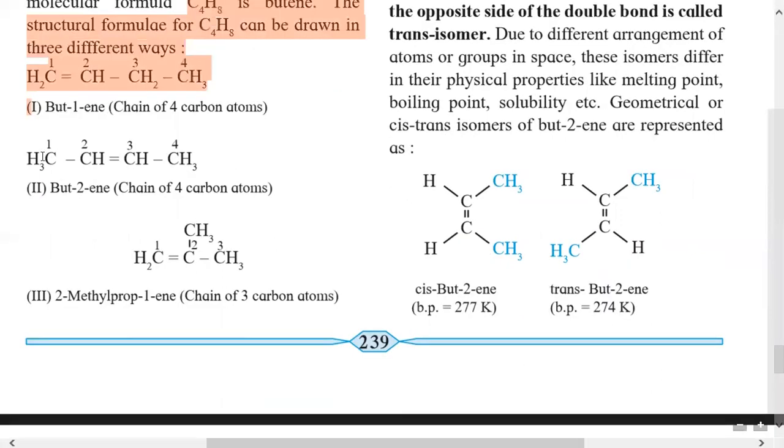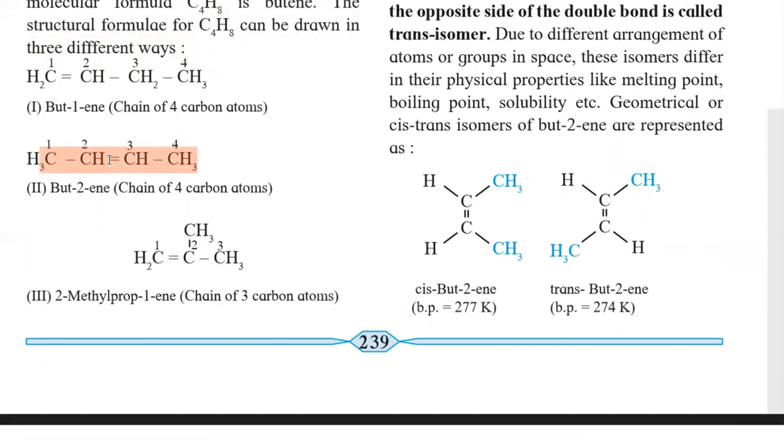Similarly, this is a 4 carbon containing alkene, a butene. Here the position of the double bond is between carbon 2 and 3, and therefore the name is given as but-2-ene. One more isomer of this 4 carbon containing alkene is isobutene. Here one branch of carbon is present and the carbon-carbon double bond is between carbon number 1 and 2.